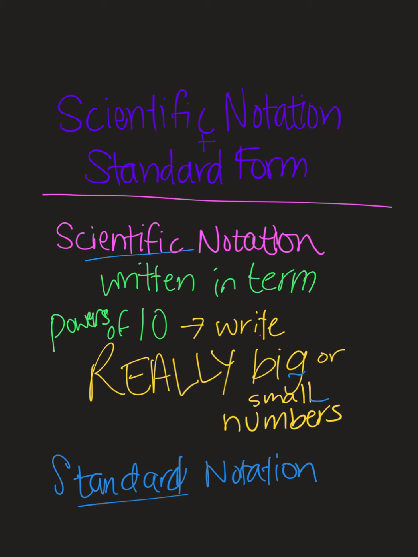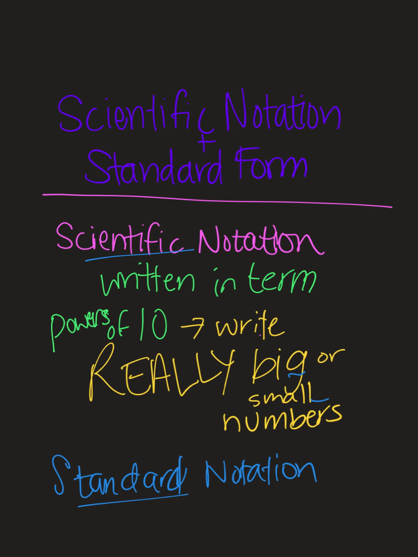For example, the distance to the sun, the distance to certain stars in the universe, so it comes into play for super large numbers in those senses. And even really insanely small numbers when we're talking about, for example, the size of an atom.